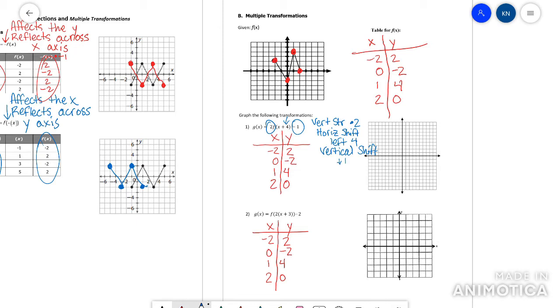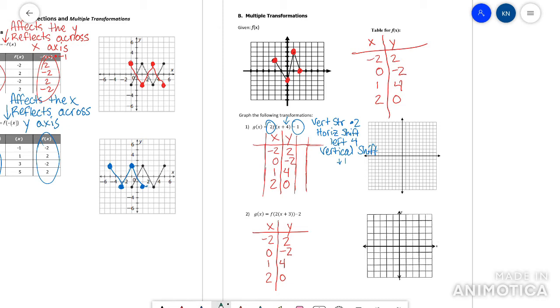All right, now in your table, I should have done them in a different color. I'll do it in a different color as I go along. In your table, you're going to have to apply these transformations. So since there's multiple, you kind of need to know what order to go in. You're always going to go left to right.